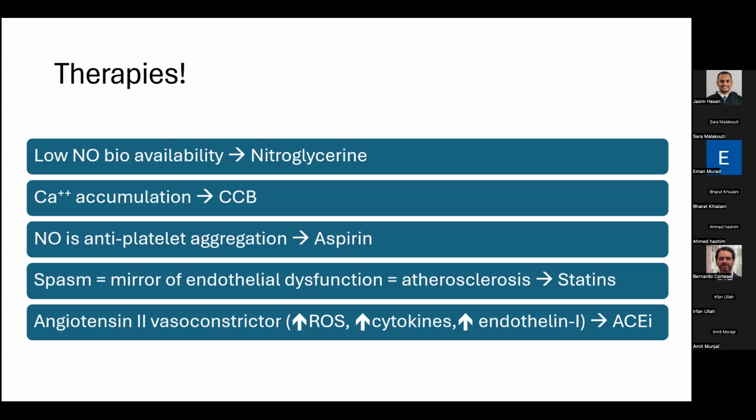No, let me comment on the therapy. So calcium channel blockers, of course, should be the first choice. Yes. You can add a dihydropyridine to diltiazem or verapamil, whatever. And nitroglycerin, yes. I'm not sure about aspirin and statins.